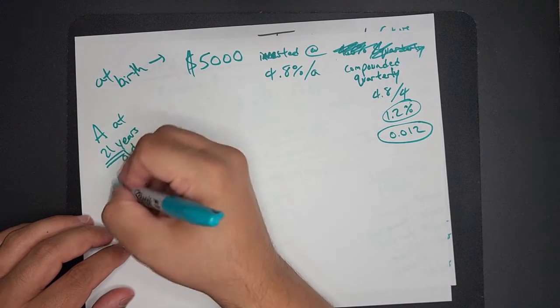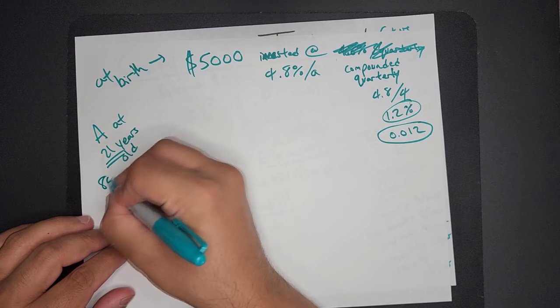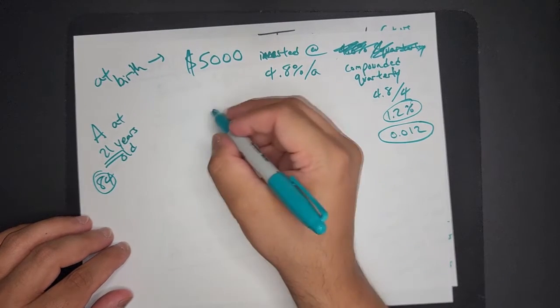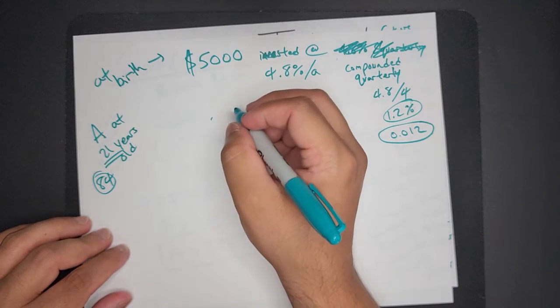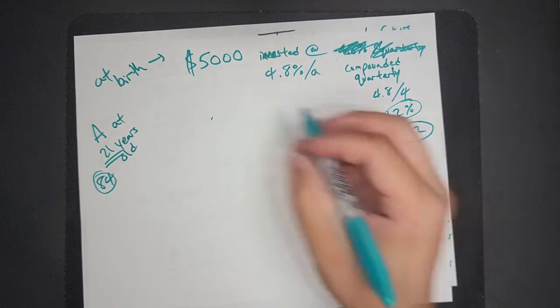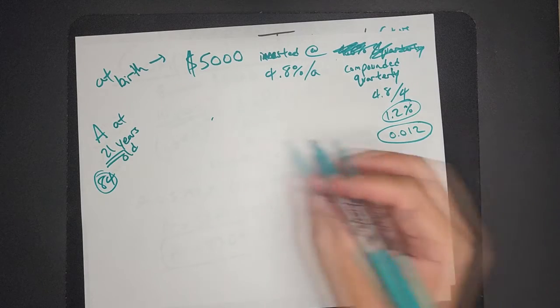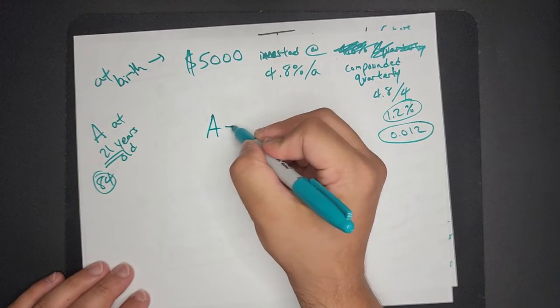Well, that's simple. We just multiply that by 4, which gives us 84. So we have 84 compounds at 1.2%. So let's write this down.